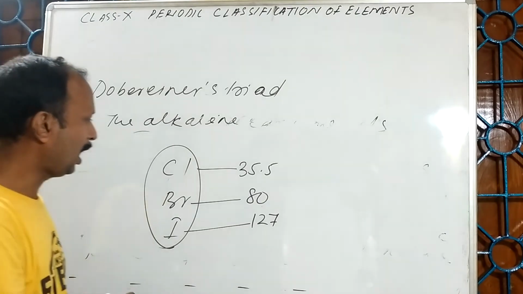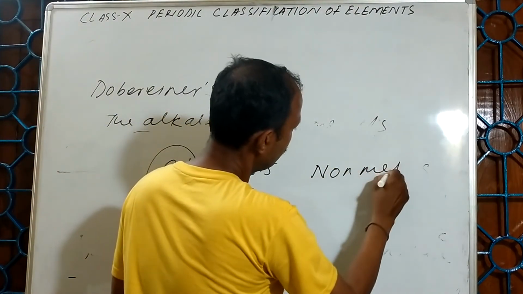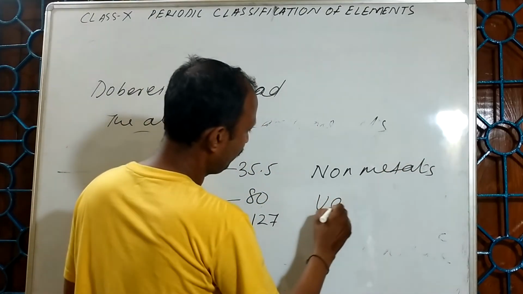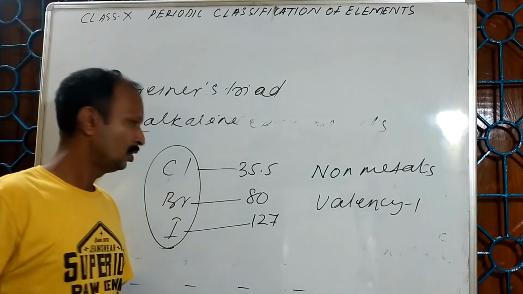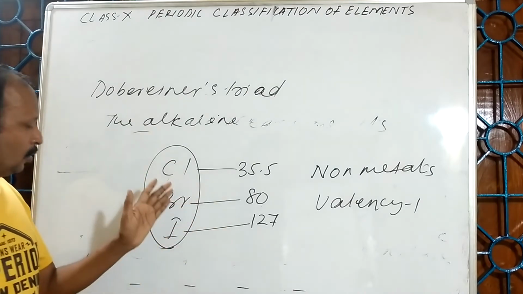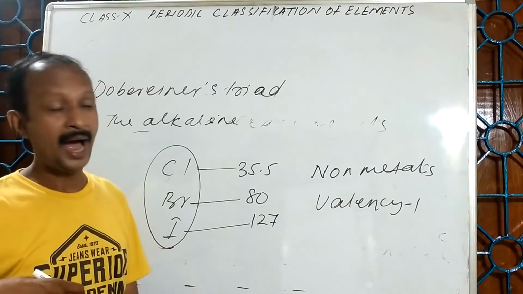And all are non-metals. Their valency is 1. When they react with water, they make acids.